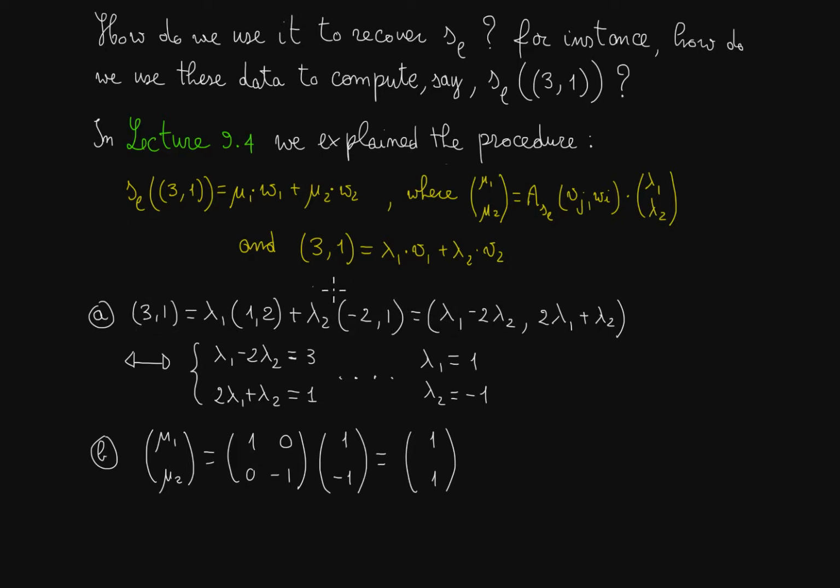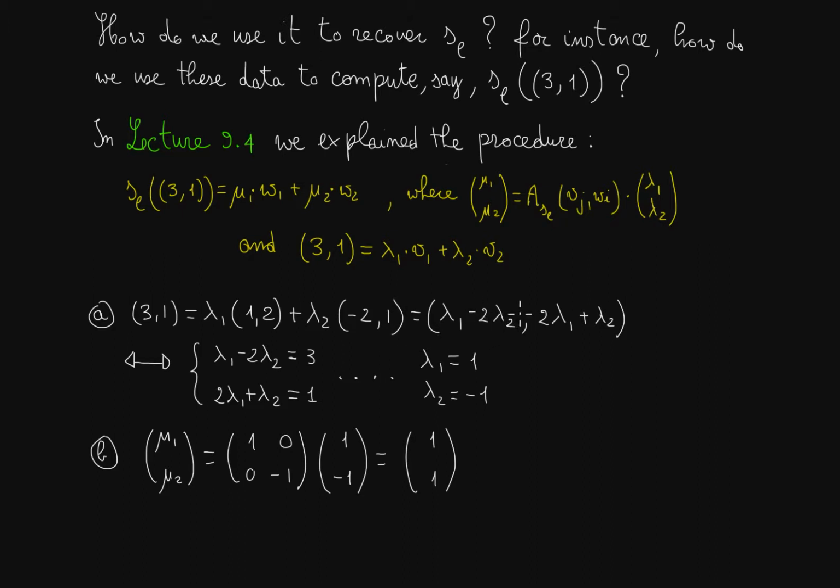If we expand the right-hand side, we can compute explicitly this vector and its coefficients. The first coefficient will be equal to lambda 1 minus 2 lambda 2, and the second coefficient 2 lambda 1 plus lambda 2. Here we are using the vector space structure of R2 that we defined at the beginning of the course: multiplication by scalars and summing vectors inside Euclidean vector spaces.